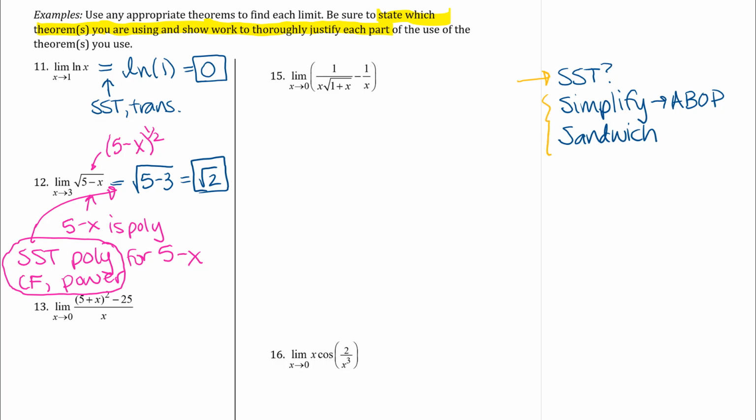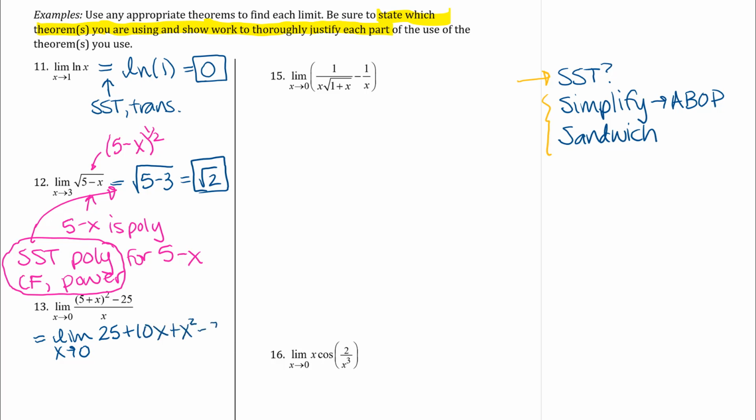So this is one that you might notice on the numerator. If you do a little bit of algebra on the numerator, you're going to be able to get some simplification. So let's go ahead and try to do that, simplifying the numerator, and see what happens. So if I expand out the 5 plus x, the quantity squared, I'll have 25 plus 10x plus x squared.